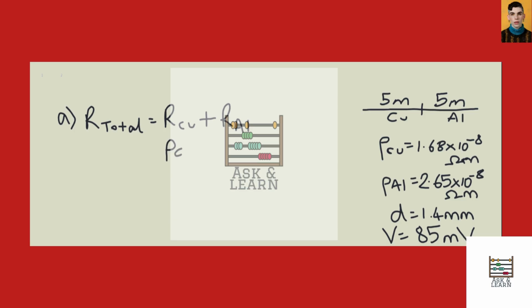So it's going to be the resistivity of copper times the length of the copper divided by the area, and the same for aluminum, ρ_Al L_Al divided by A_Al.